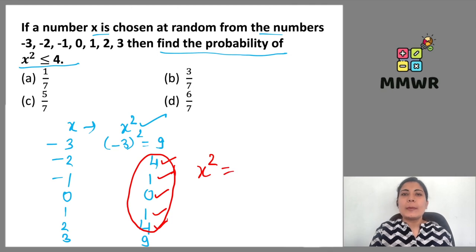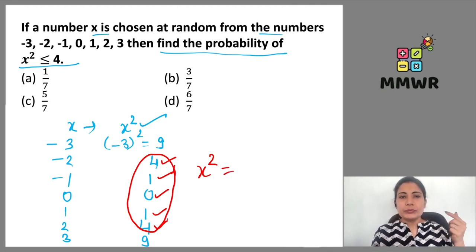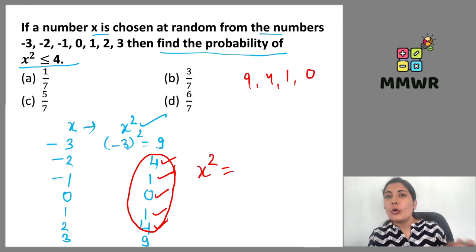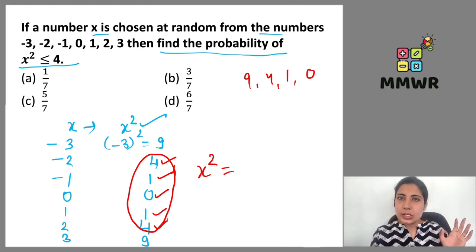Not 7 actually. In 4, 1, 0, 1, 4, 1 and 4 are repeated. So how many distinct values are there? 9 is there, 4 is there, 1 is there, and 0 is there. That's it. Only 4 values are there, right? So these 4 values we have of x square.